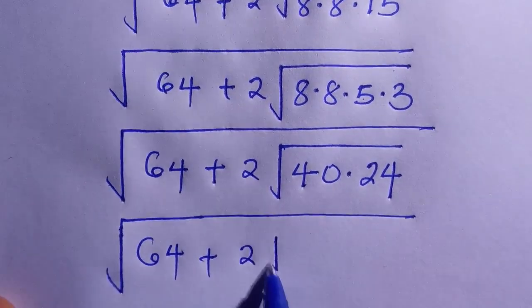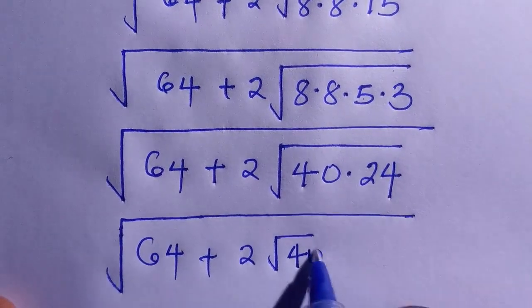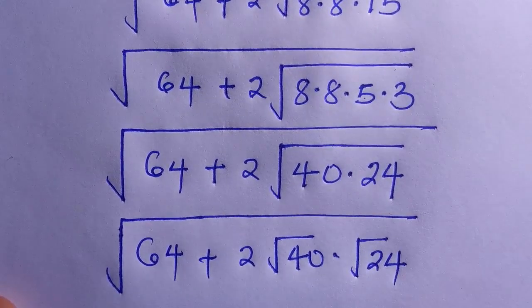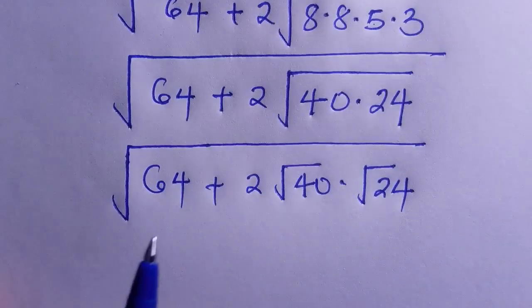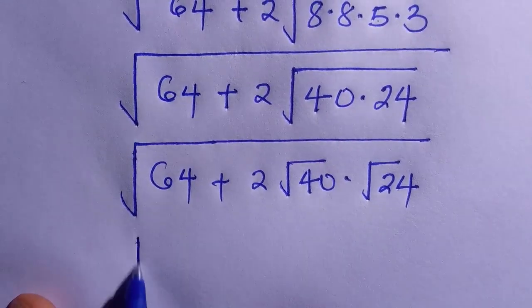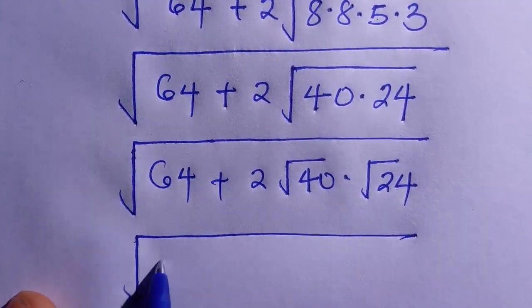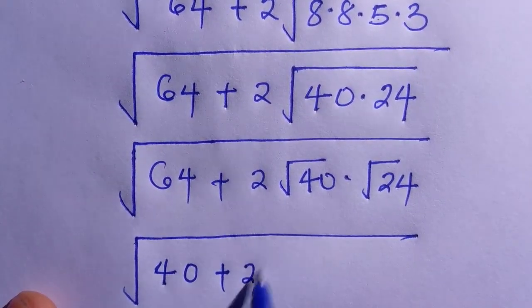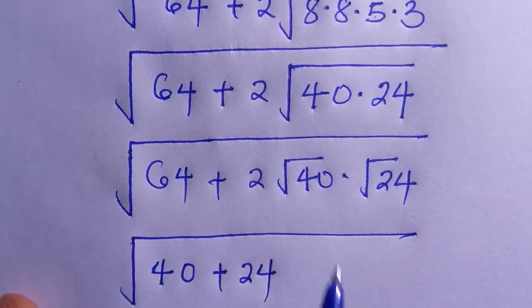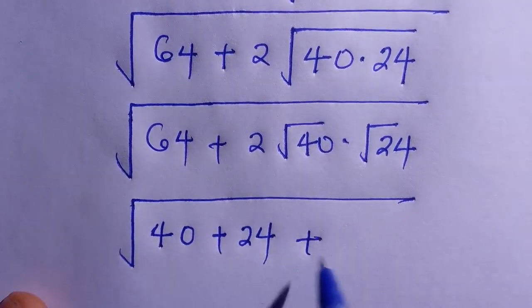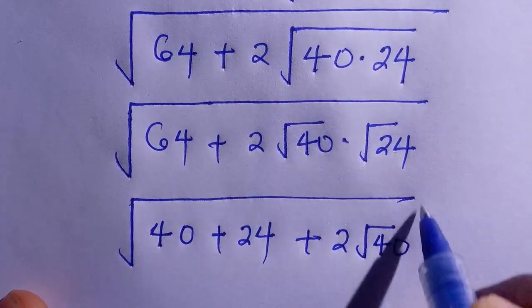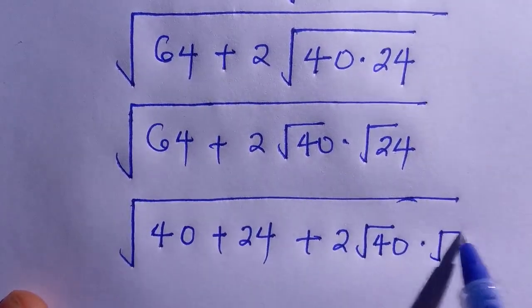Let's separate this as square root of 40 multiplied by square root of 24. And next, let's break this 64 into the sum of 40 plus 24, which is 64. And here we have plus 2 square root 40 multiplied by square root of 24.